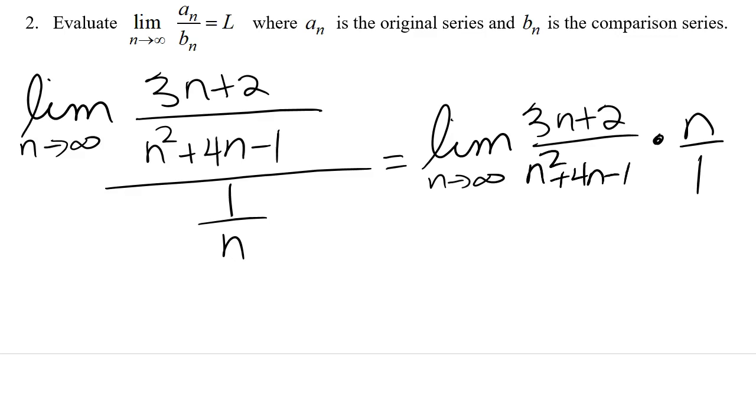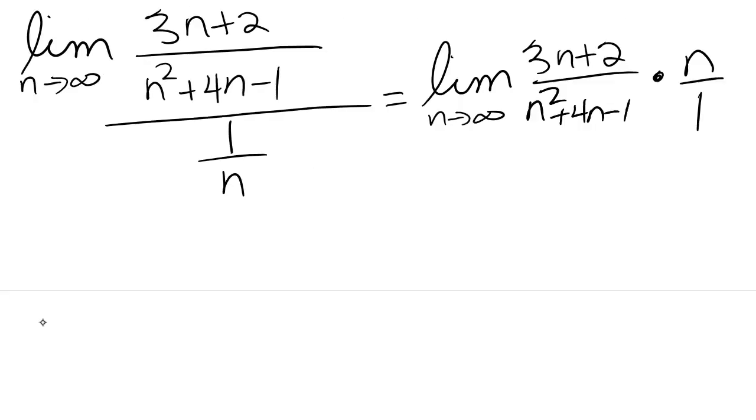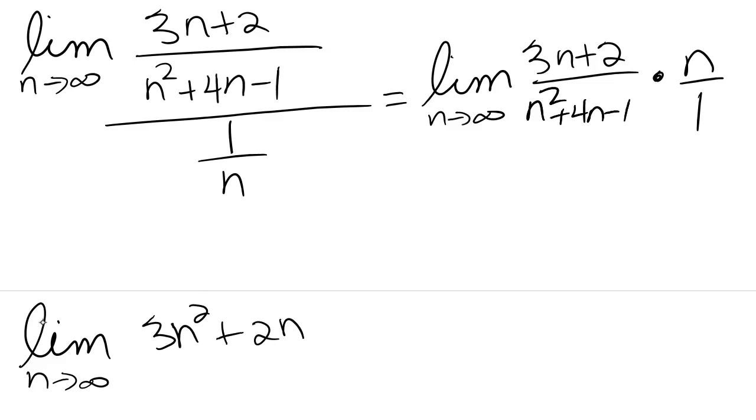Now we're going to simplify this. This gives us the limit of 3n squared plus 2n divided by n squared plus 4n minus 1.